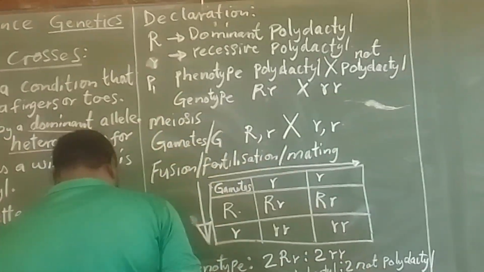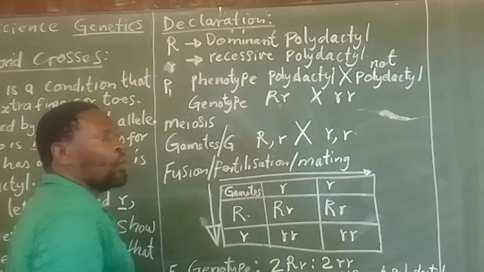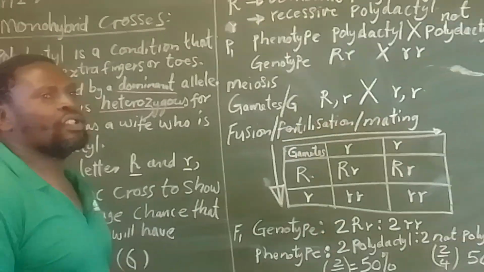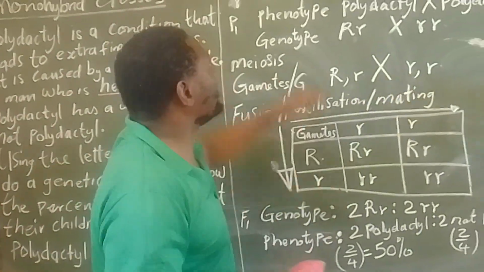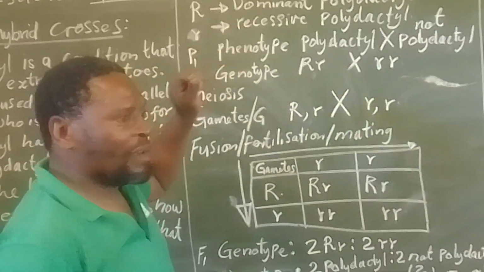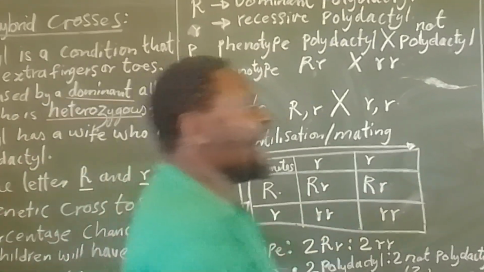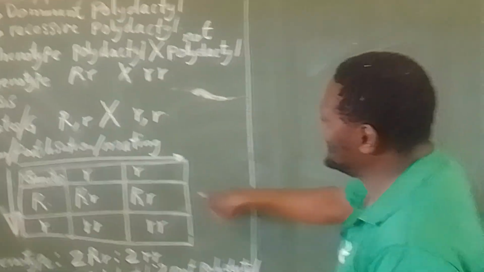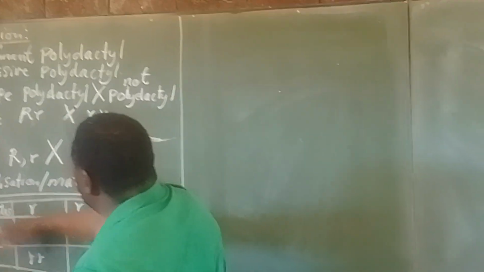Declaring, you are telling that this is the way that we are going to go and you must follow it. And you must follow it yourself. When you tell the marker that they must follow, you must follow it first. So right from here, there are other learners who do not understand this Punnett square. I'm going to explain this.